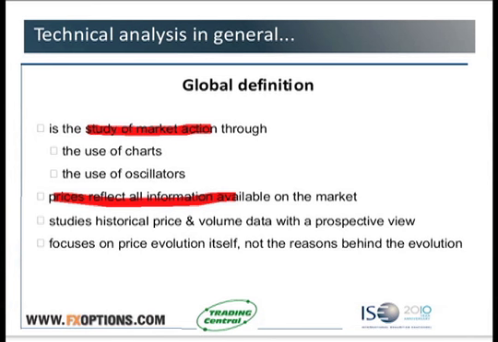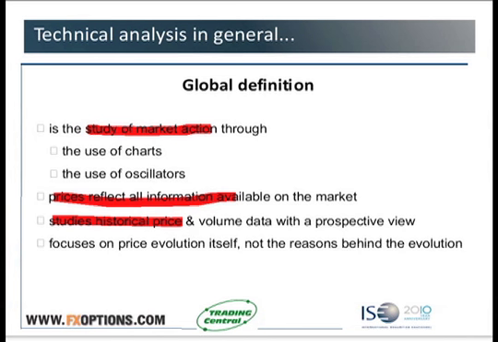So in the technical analysis philosophy, we believe that the prices reflect all information available on the markets, and the goal of technical analysis is to provide a forecast or a prospective view through the study of historical prices, because we believe that prices always evolve through the same psychology of investors.